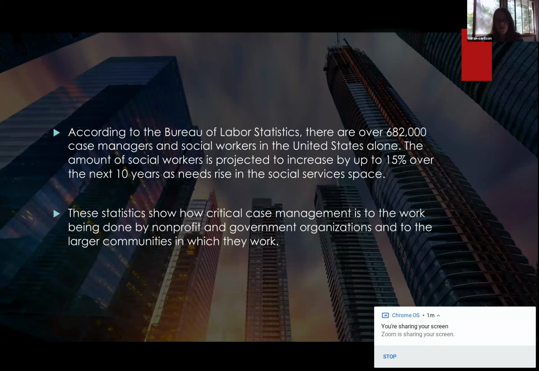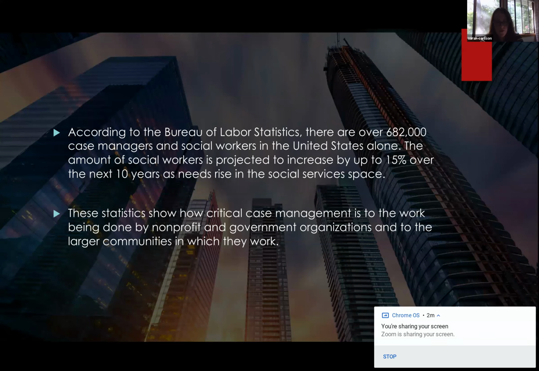I wanted to share these statistics with you because whether you stop here in your education with a bachelor's degree or continue on to a master's in counseling, social work, or human services, case management is going to come up. For a lot of social workers, it's mandatory or strongly preferred that you have a certification in case management. I did add that link.